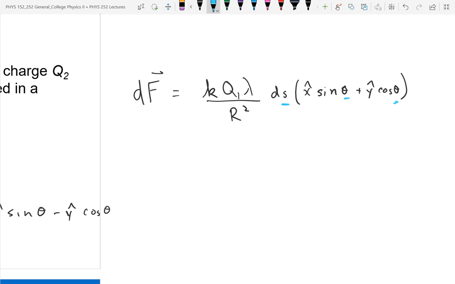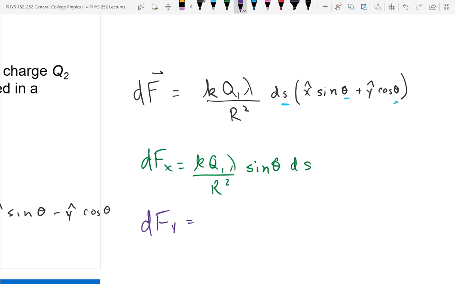I immediately can break this into components, so I can put x component and y component. So now I've broken it up into components, and I have to go ahead and do the integration, but I have two variables.